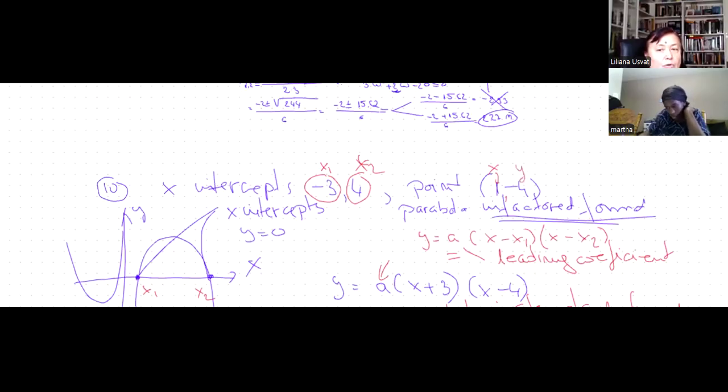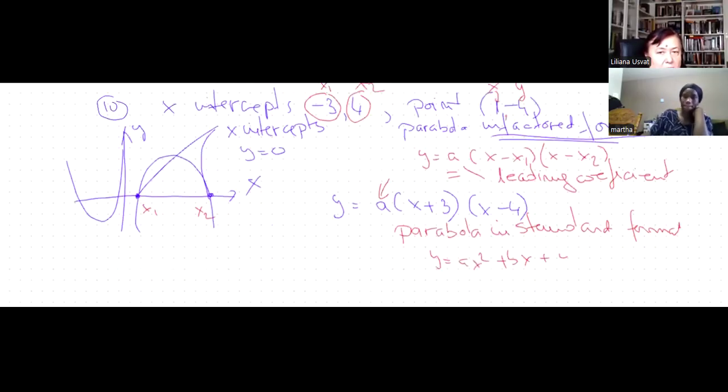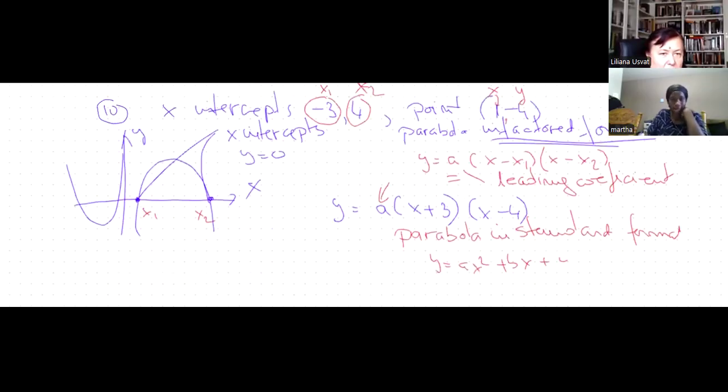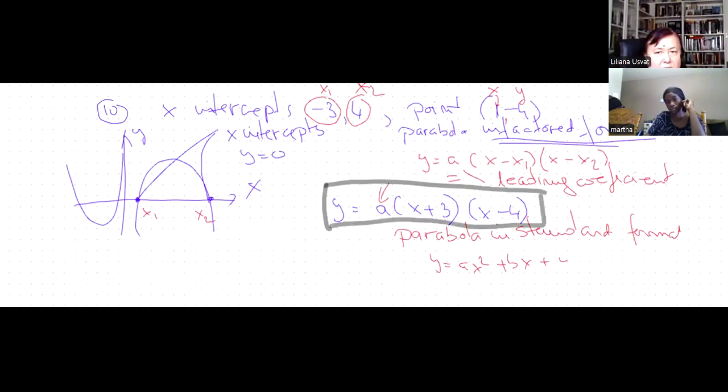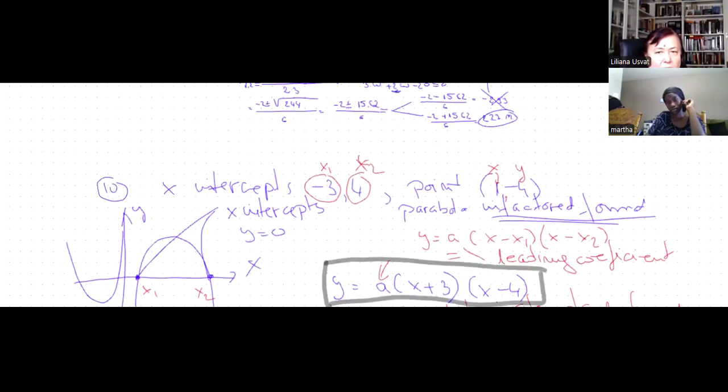So in the factor format of the parabola, we replace x with 1 and y with -4.